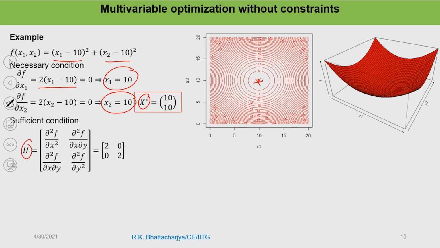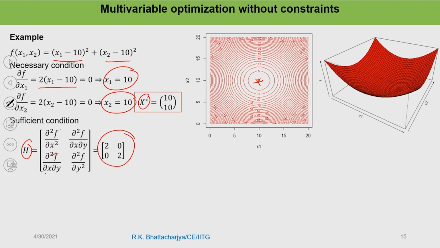The Hessian matrix is del square f by del x square, del square f by del x del y, so in this case x1 and x2, and similarly del square f by del x del y and del square f by del y square. If I take the derivatives, finally I get 2 0, 0 2. So, this is the Hessian matrix.